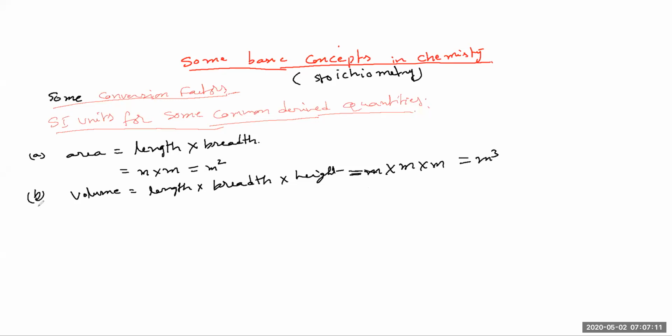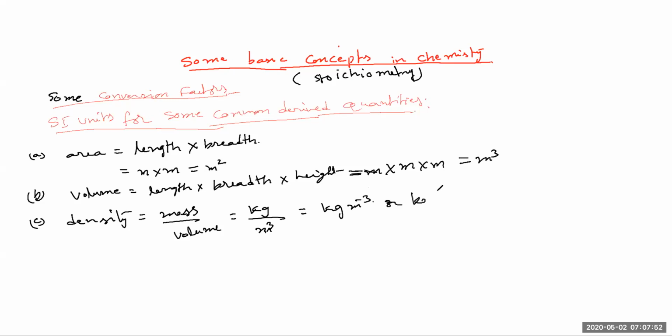Next, density. So what is the density? Mass by volume, right? That means mass in kg and volume in meter cube, that is kg per meter cube.